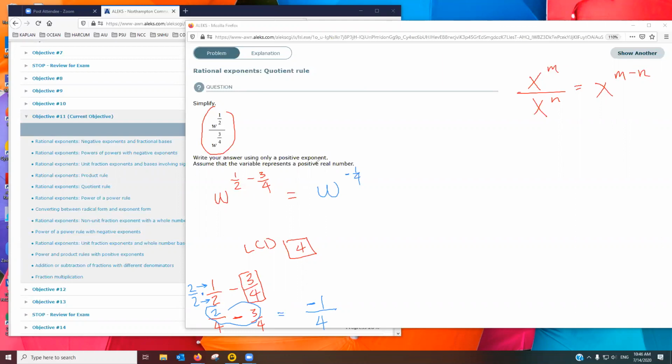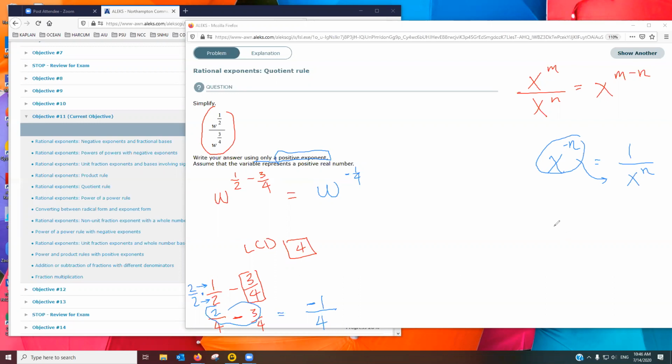But I can't leave my answer like that, because Alex is saying write your answer only with a positive exponent. So I have to remember one more rule. It says if you have x to the negative exponent, what you do is you take this expression and move it down to the bottom of a fraction, and that flips the exponent to be positive.